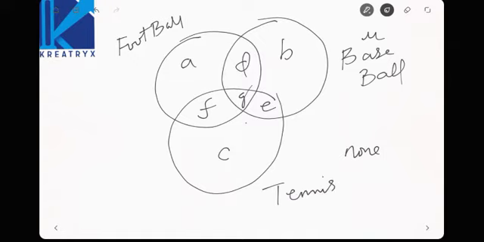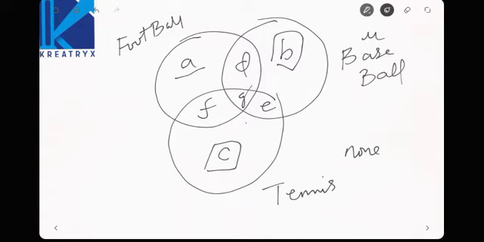Now see here, find out the alphabets of those who were playing only one game. Only one game means A is a place where players are playing only one game. B is a place where players play only one game. C is a place where players play only one game, because no other Venn diagram is intersecting at those parts.